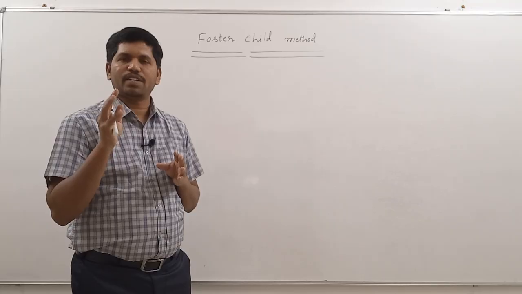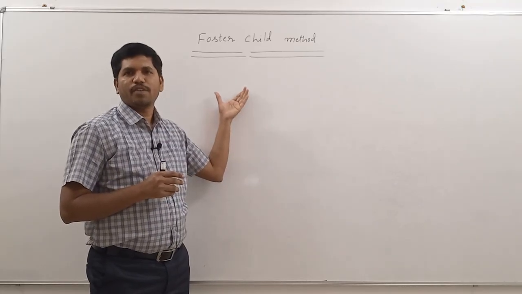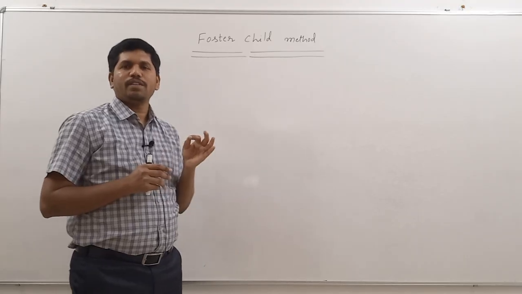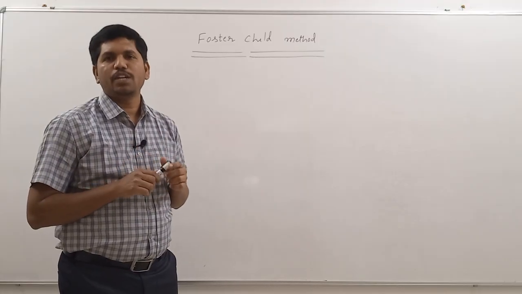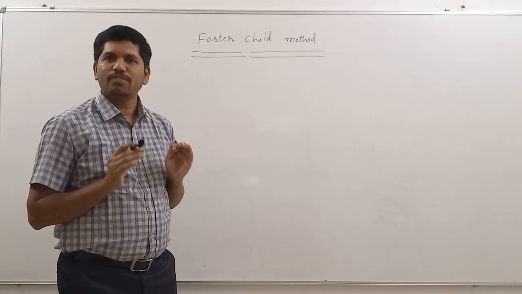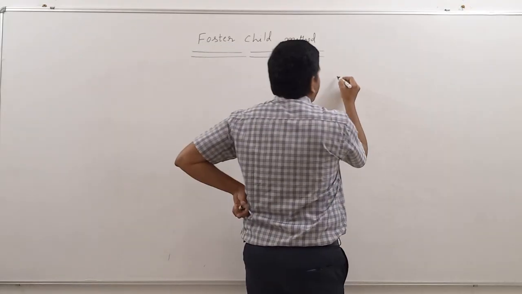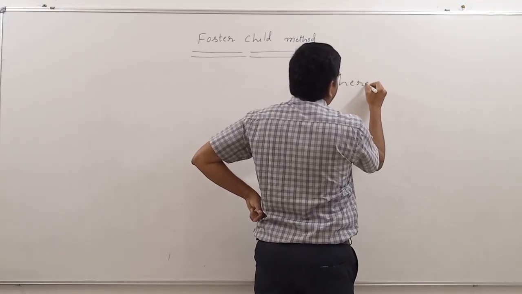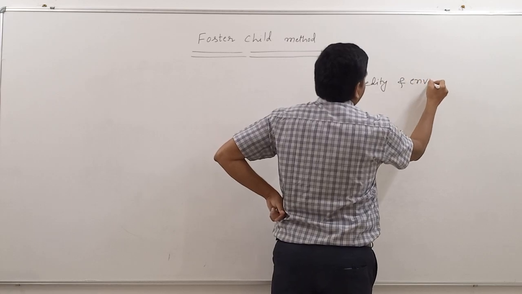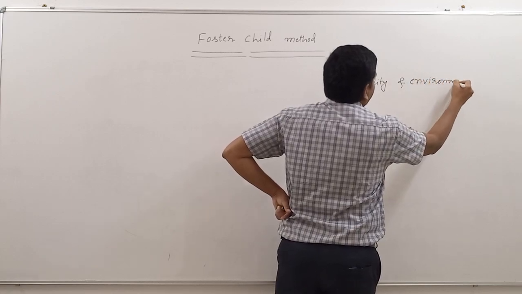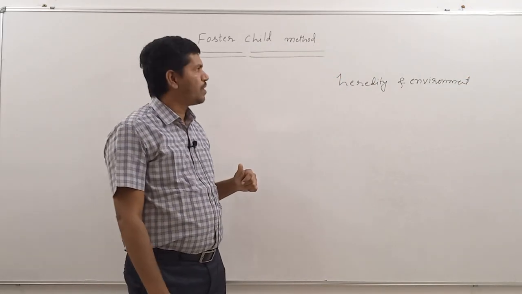Then they devised one research method, that is nothing but the foster child method. The foster child method is a research method developed by our scientists in order to separate the respective influence of heredity and environment in the development of a particular character.